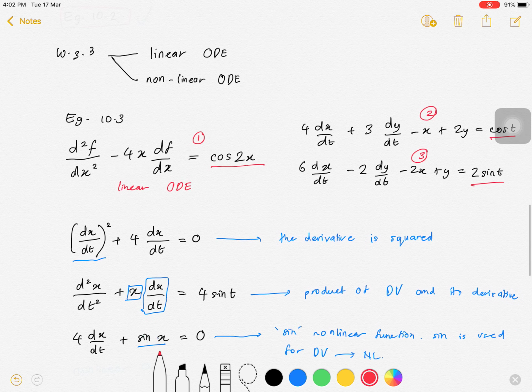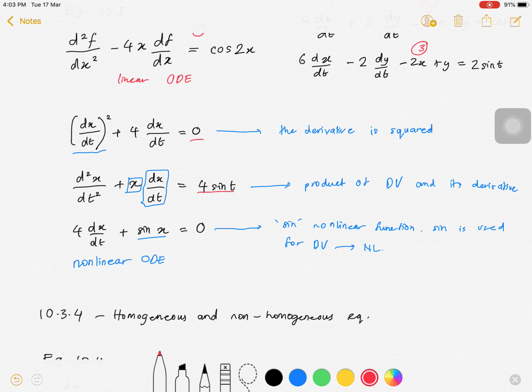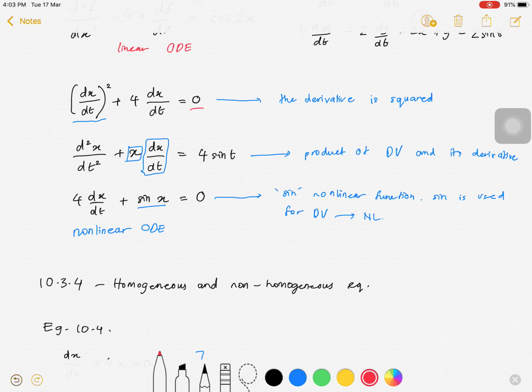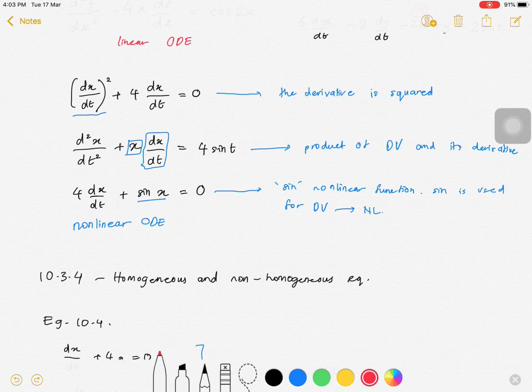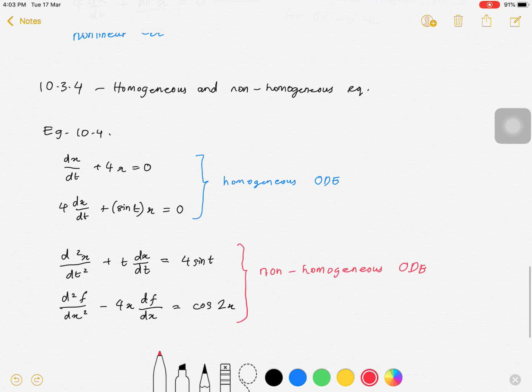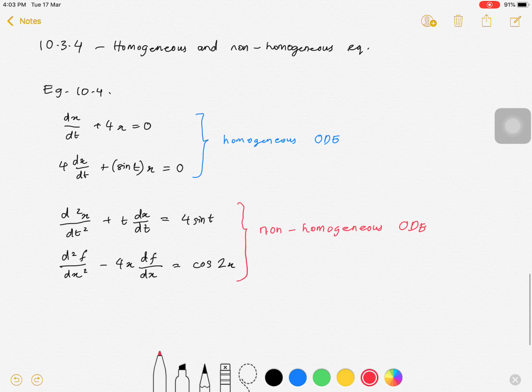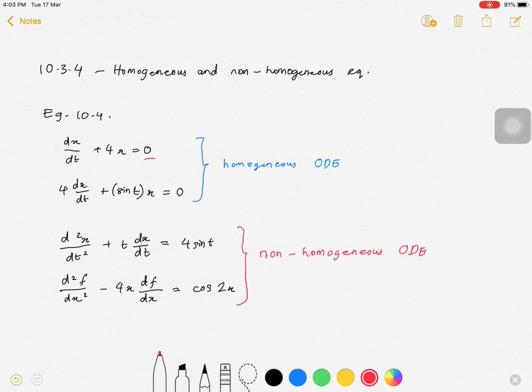That is the standard arrangement when we write down an ODE. When we put all the dependent variable at the left hand side and it is equal to 0, we call it homogeneous ODE.